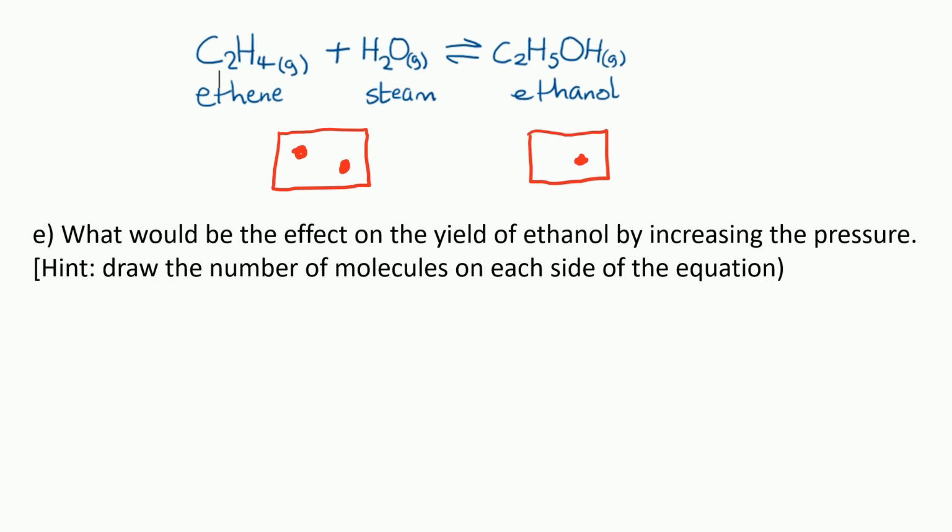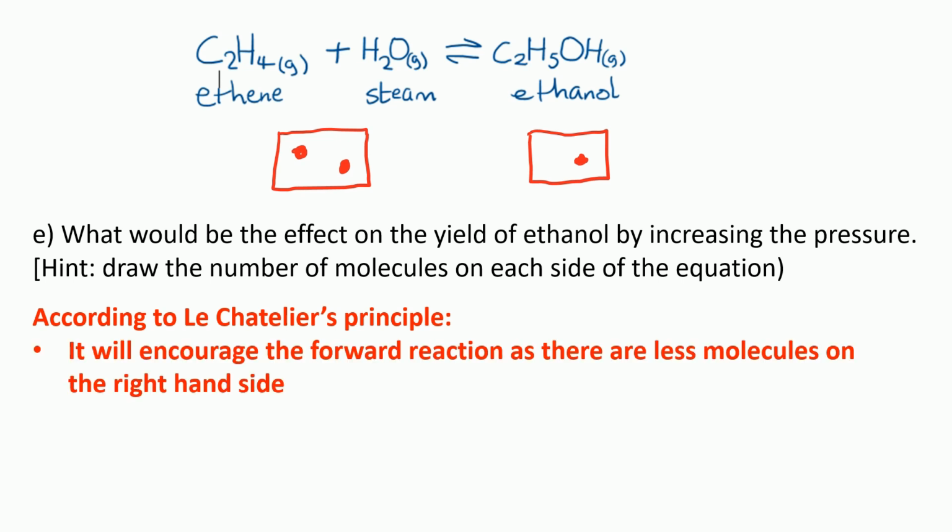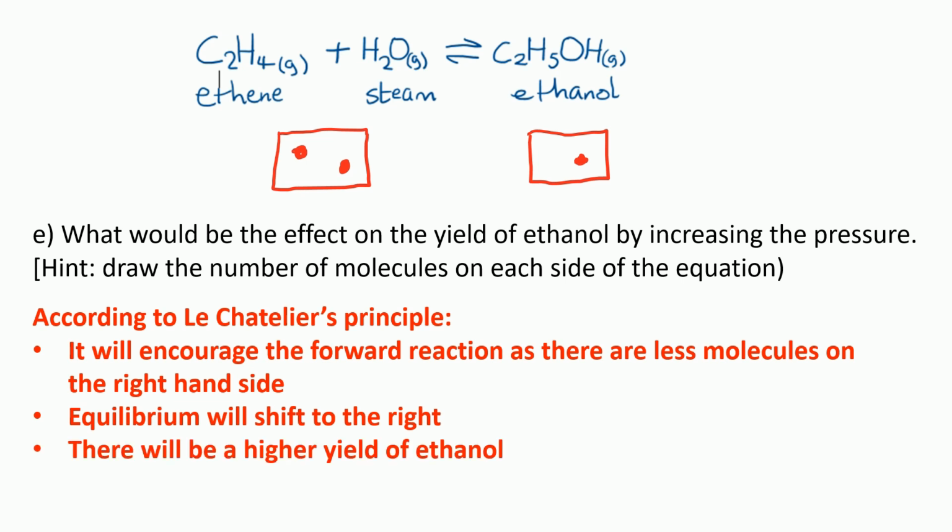So according to Le Chatelier's principle, if we've increased the pressure, it's going to go to the side that reduces the pressure again, where there's less molecules. So it will encourage the forward reaction as there are less molecules on the right hand side. This means the equilibrium will shift to the right, and that means there will be a higher yield of ethanol. More ethanol will be made.